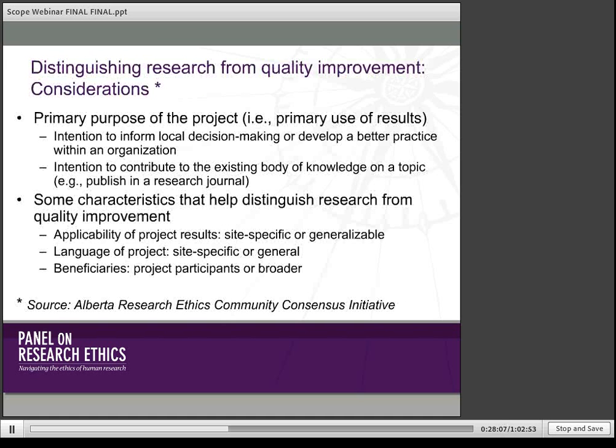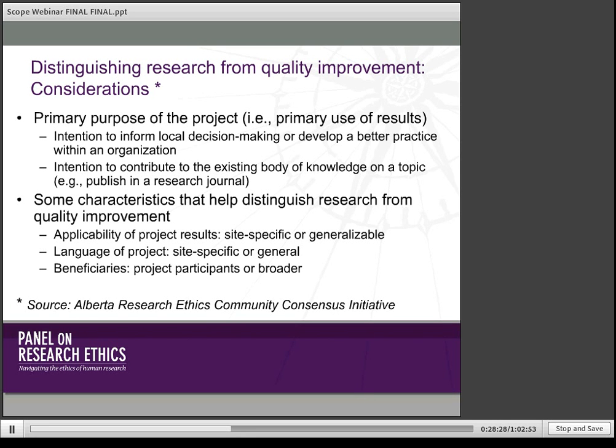Next slide, distinguishing research from quality improvement considerations. Here are some suggestions of other indicators that might help determine whether a study is research or quality improvement. My thanks to the Alberta Research Ethics Community Consensus Initiative for these considerations.